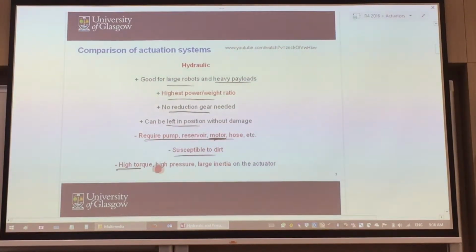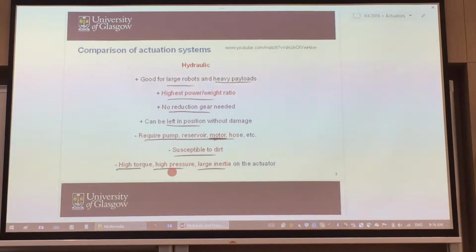Offers high torque, high pressure, large inertia. Why is it that it's a disadvantage? That's because for a high pressure system, let's say something hit on that, you're going to have that fluid bursting out.